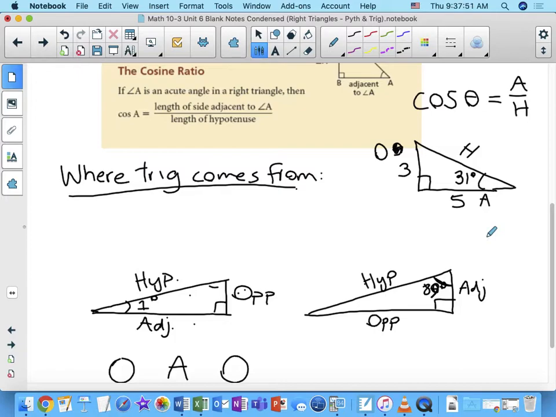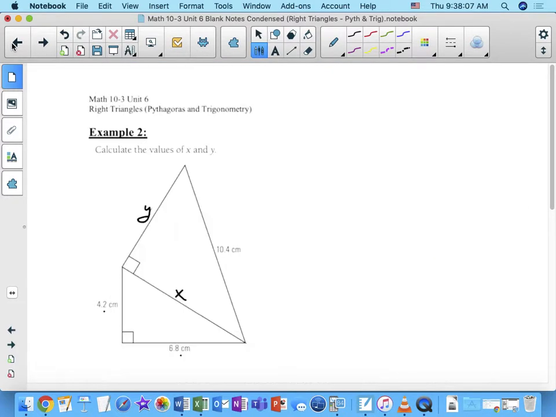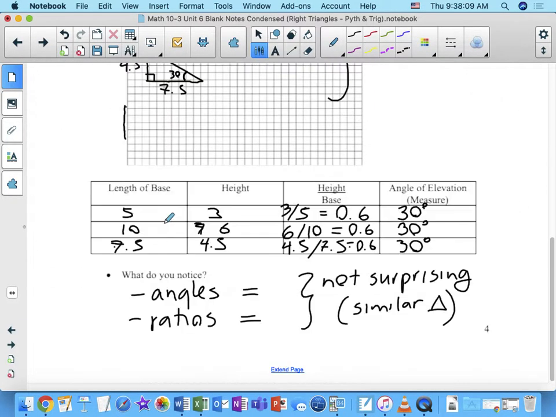You should all know that 3 over 5 is 0.6. Go back and look it up. It's right here, that 3 over 5. Right? When we went height to base, we got 0.6.